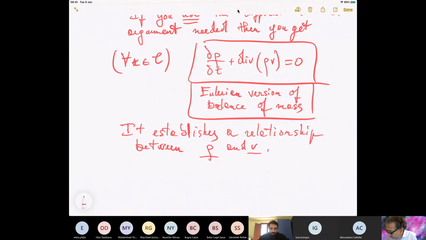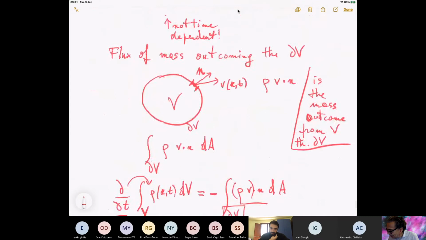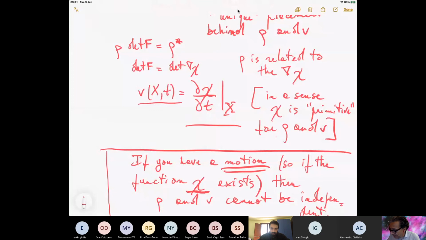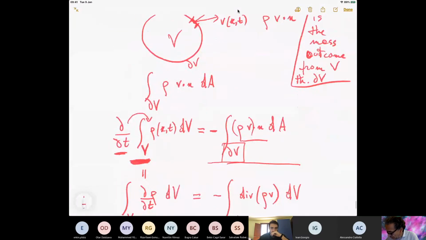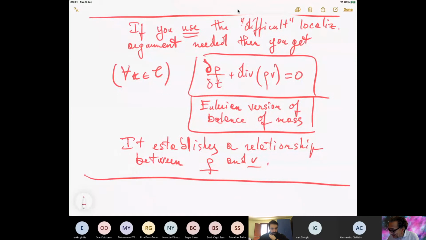And I will probably give you some exercises, some hints on how, using this definition and this relationship, to get it directly, simply using the relationship between derivatives, changing the order of derivatives, because in a sense here you have the time derivative of rho, which depends on the gradient of k, and here you have the divergence, so the space derivative of v, which depends on the time derivative with respect to k.